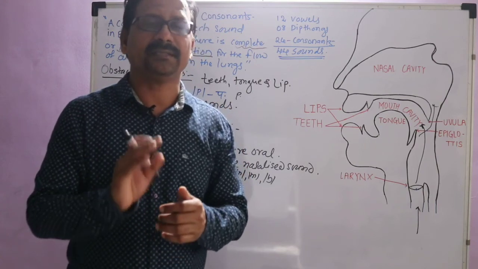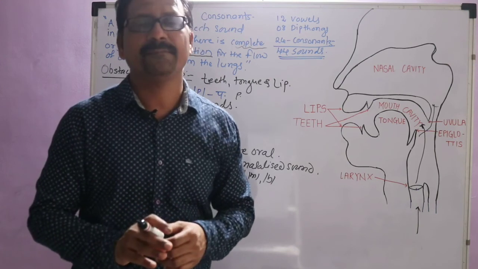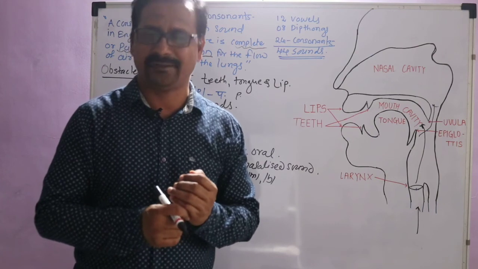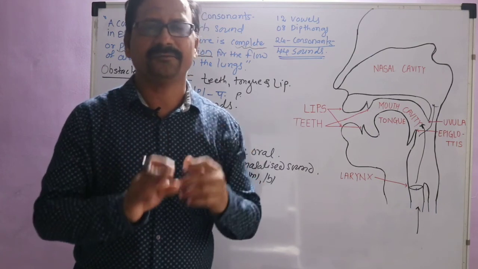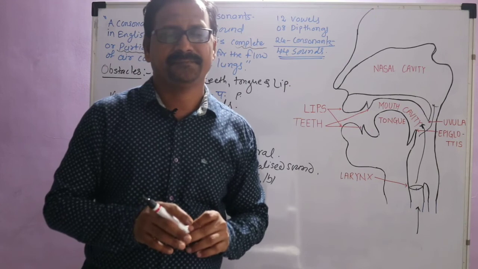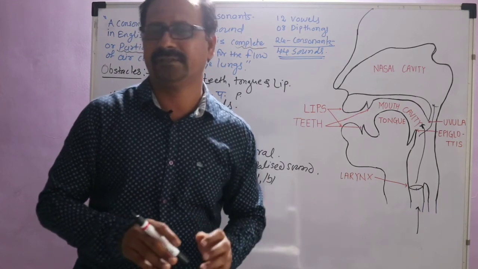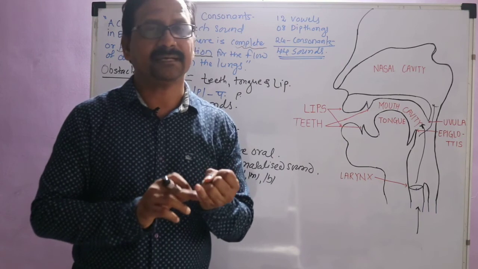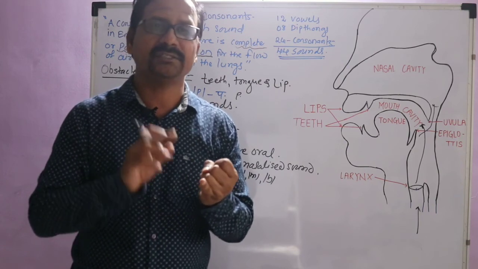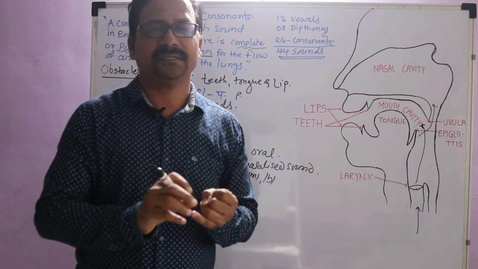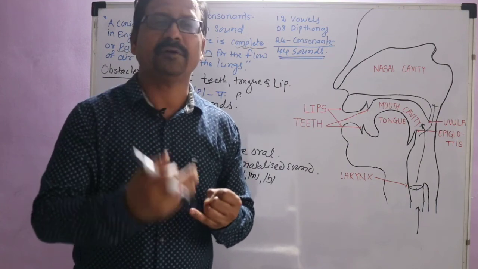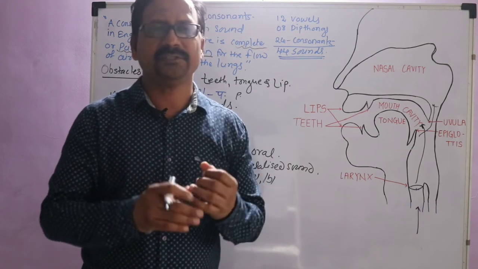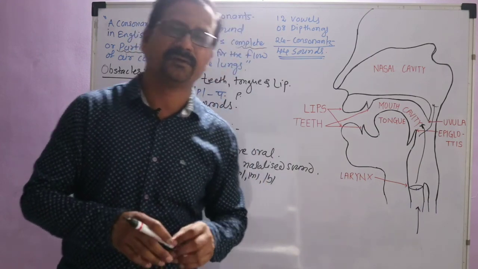Mostly the tongue cannot allow the air to go out freely, so they make some disturbance in the way of the air. When such a situation comes, we have the production of consonant sound. So tongue, teeth, and lips are the three main organs which make the disturbance, which become an obstacle for the air to go out.